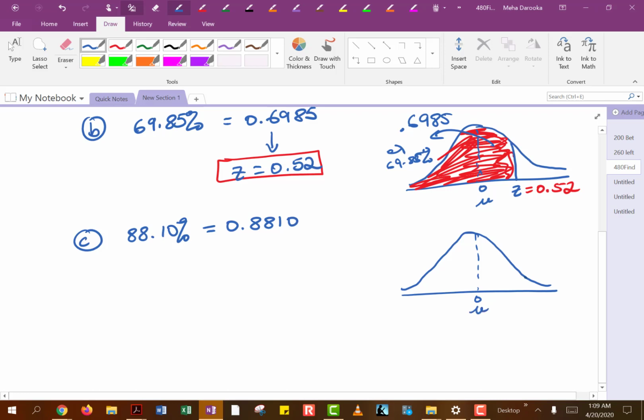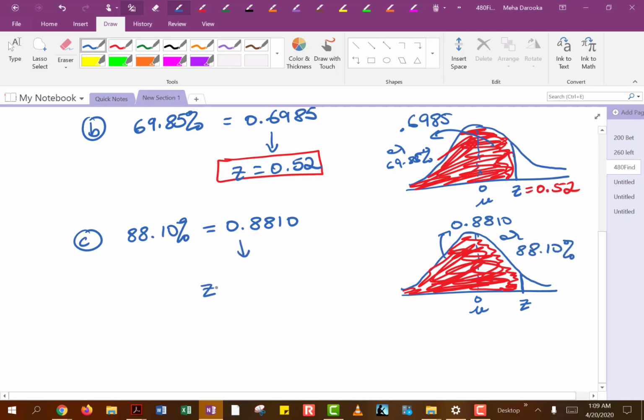And we're looking for a z-score which will give us the area right here, all of this, which is going to be 0.8810 or 88.10%, right?